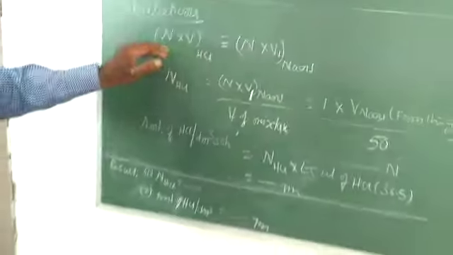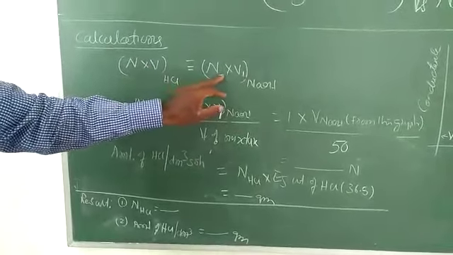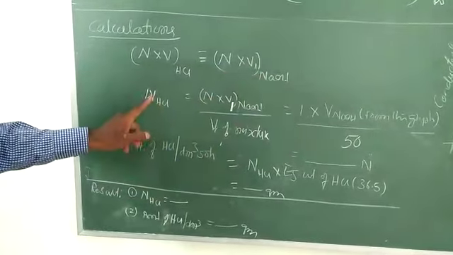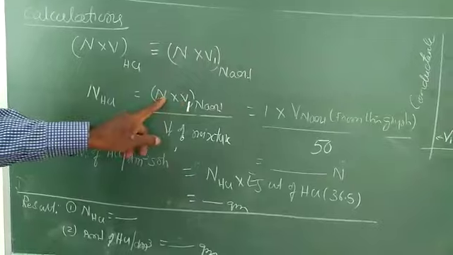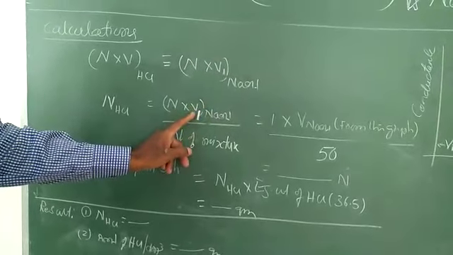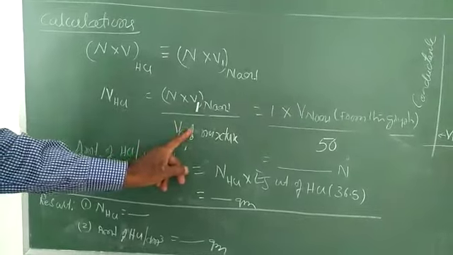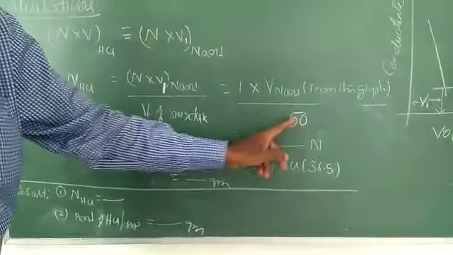So the calculation part is using the formula N1V1 of HCl is equivalent to N2V2 of the sodium hydroxide. So therefore normality of hydrochloric acid is equal to normality into volume of the sodium hydroxide, from the graph, divided by volume of the mixture. The mixture volume is 50, that is given by the teacher.